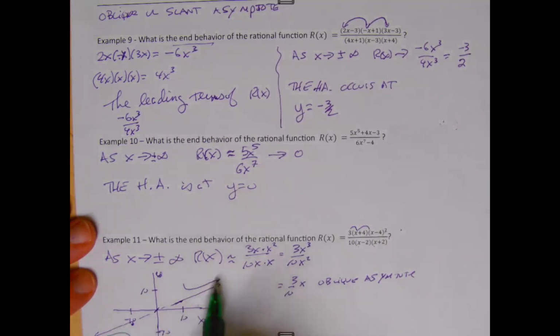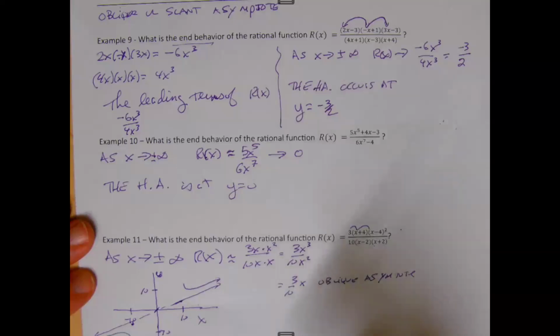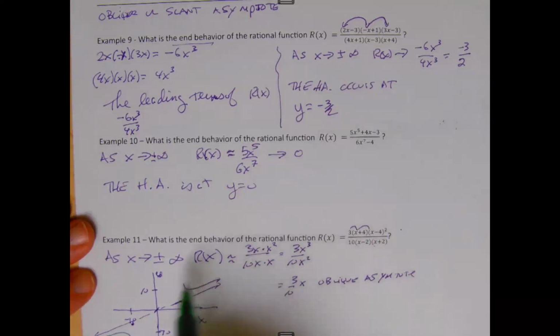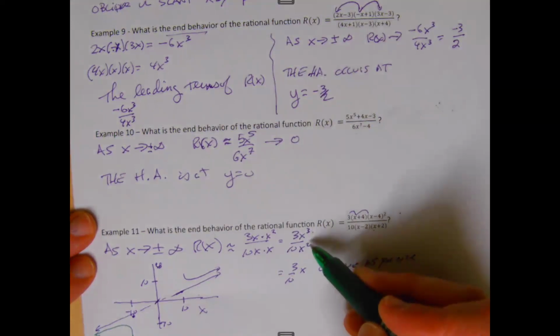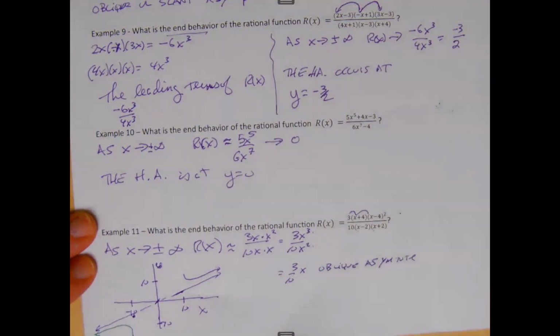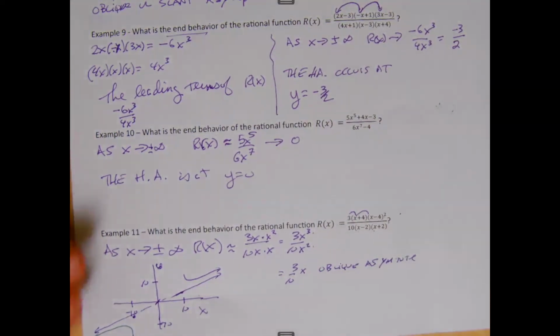At the infinities, the larger this gets or the smaller this gets, the graph just starts getting closer and closer to this line right here. So it's not a horizontal asymptote. It's not a vertical asymptote. It's an oblique one. So it means it's literally a line. And why? Because the degree of this is just one higher than the degree of that one. But we're not going to graph these oblique ones.